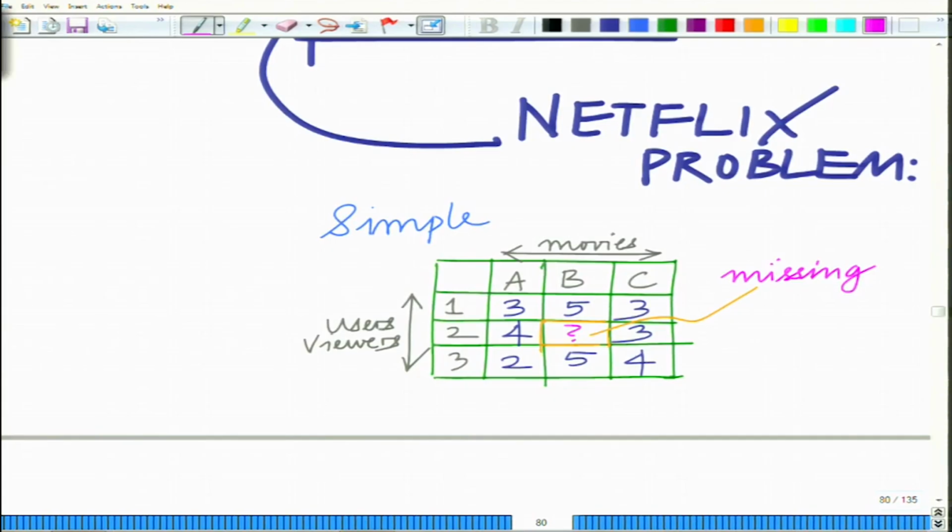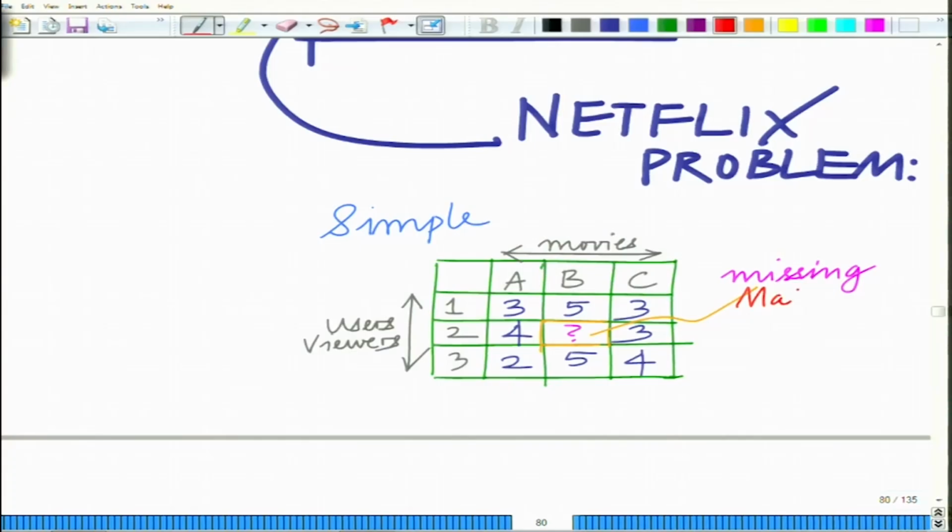That is what we had seen previously. So this problem, where you are trying to complete this matrix of users and their ratings for the movies, is also known as a matrix completion problem.